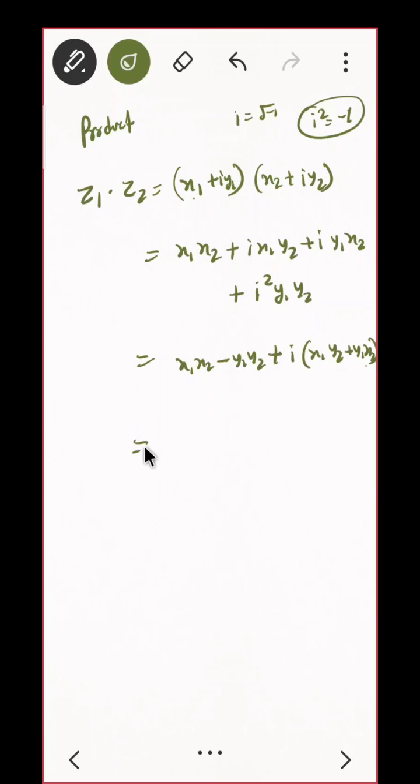So if you write it in the coordinate form, then it will be (x1 x2 minus y1 y2, comma, x1 y2 plus y1 x2). Yeah, so this is your z1 z2.